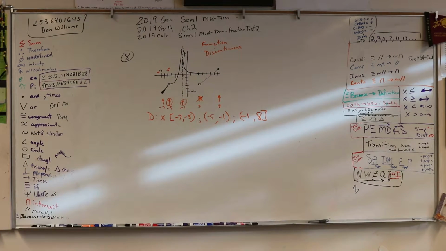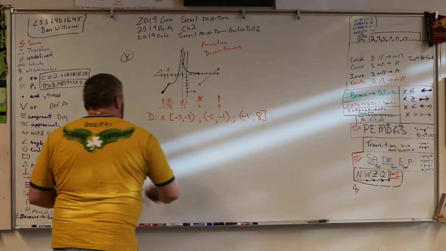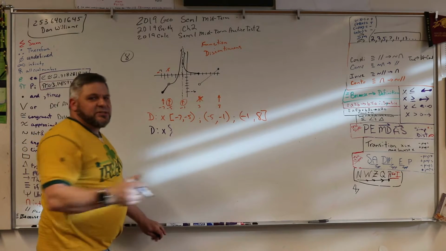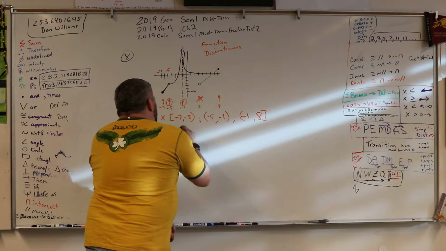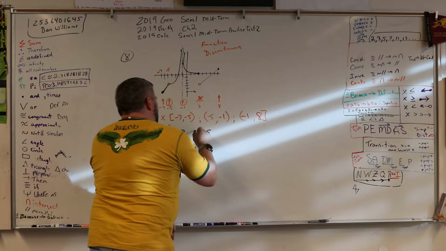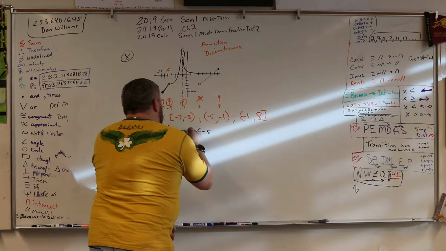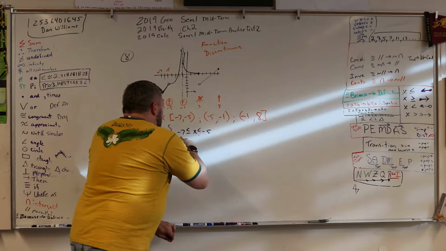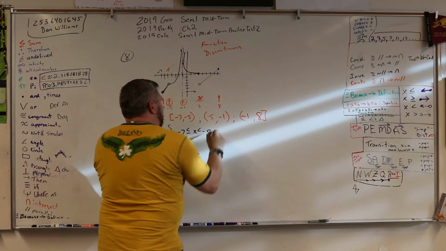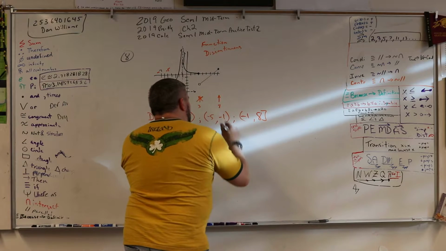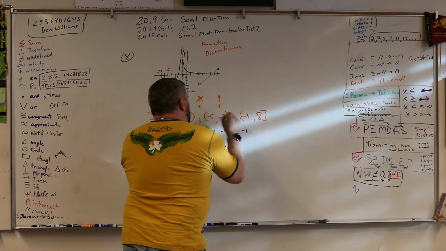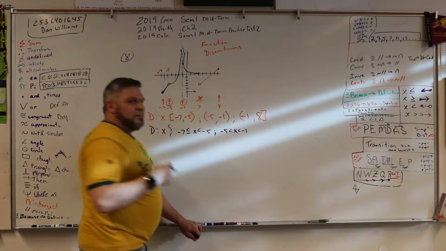Now, if I were to write this in another code, say like D such that X, where the solution set was, and then you would say basically the same thing, but you would go -7 is less than or equal to X, X is less than -5, and then colon, again, -5, -1, X, and again, not equal, so therefore less than.